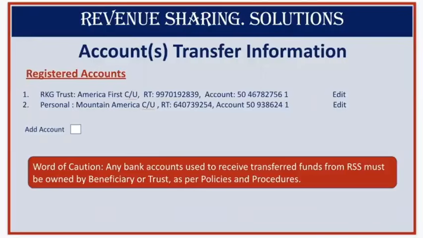It's important, a word of caution: any bank accounts used to receive transferred funds from the RSS must be owned by the beneficiary or trust as per policies and procedures. So if you wanted to give somebody some money out of your account, okay, my mind is saying this is not accurate, because if you want to transfer money to somebody, you can do account-to-account transfers within the quantum financial system.